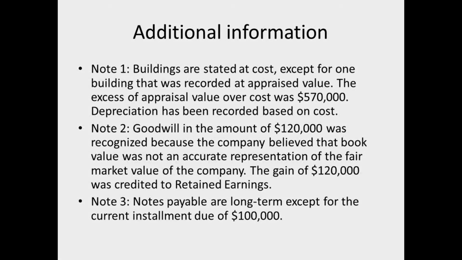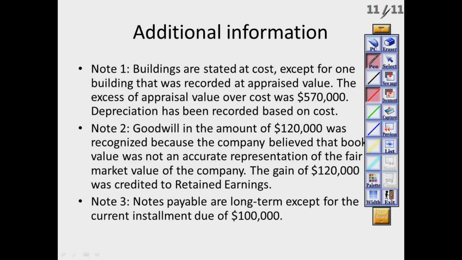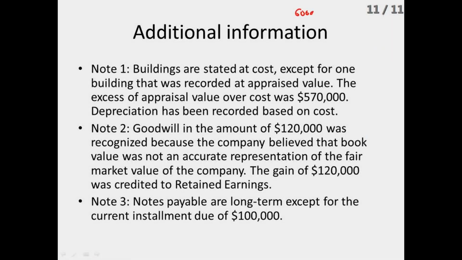And they didn't really know what to do with it, so what they did was they included this increase in goodwill directly in retained earnings. So the hypothetical journal entry that they made looked like this: goodwill 120, retained earnings 120, or possibly gain 120, but they did this last year, so it's already in retained earnings.